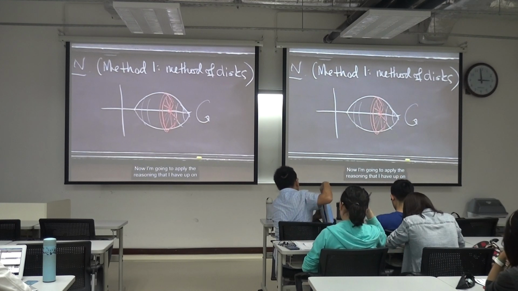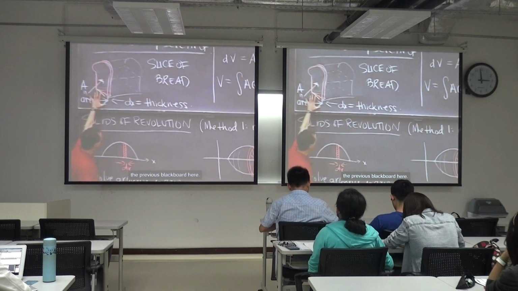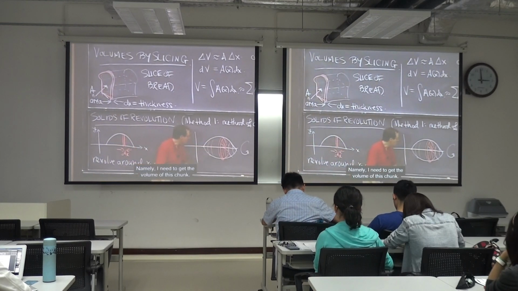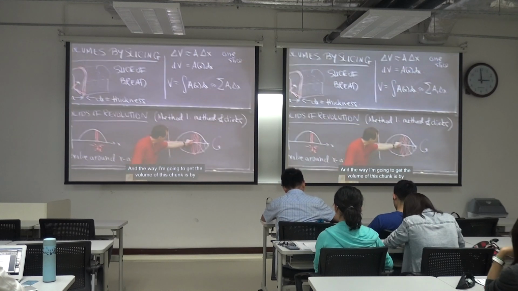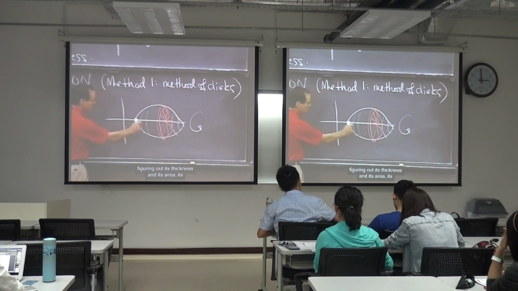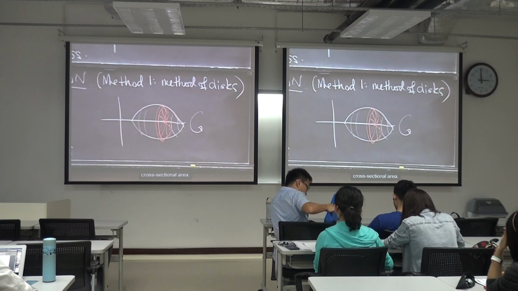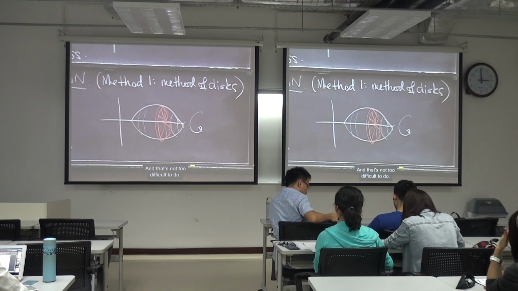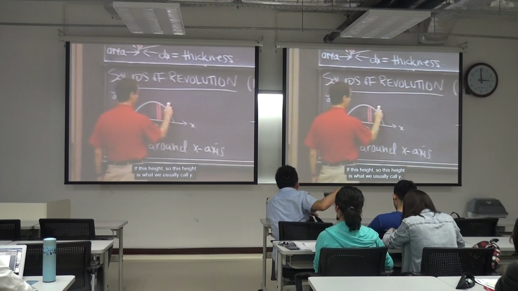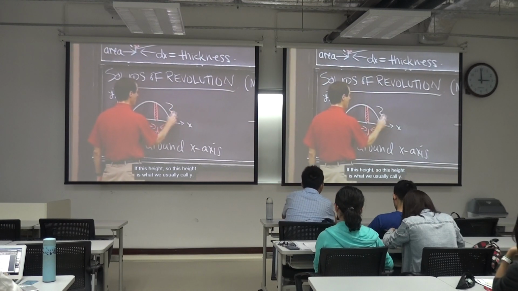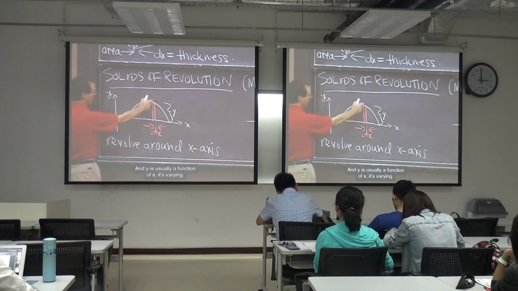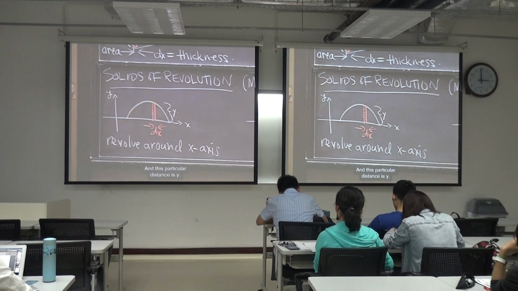Now I'm going to apply the reasoning that I have up on the previous blackboard here. Namely, I need to get the volume of this chunk. And the way I'm going to get the volume of this chunk is by figuring out its thickness and its cross-sectional area. And that's not too difficult to do. This height is what we usually call y. y is usually a function of x. It's variable. This particular distance is y.